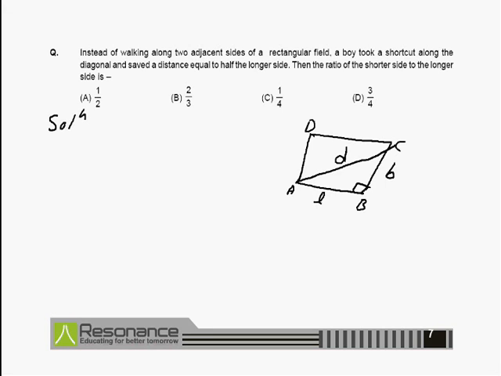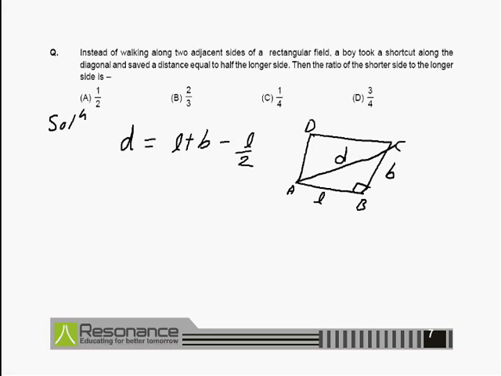Let the longer side be L. If we move along the adjacent sides, the distance traveled should be L plus B. So D should be L plus B minus half the longer side.